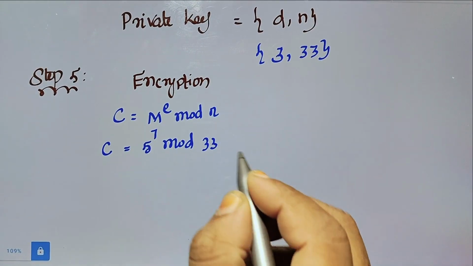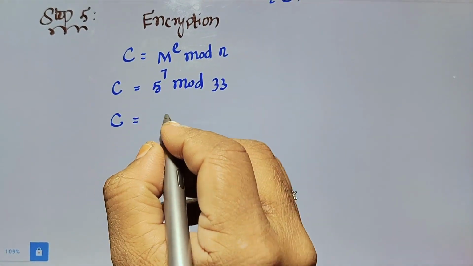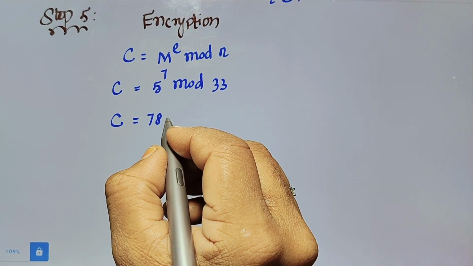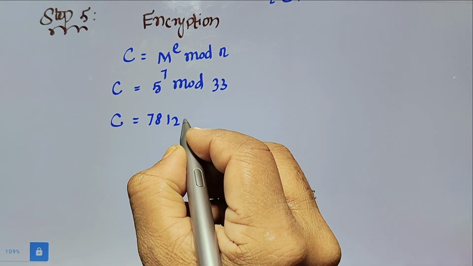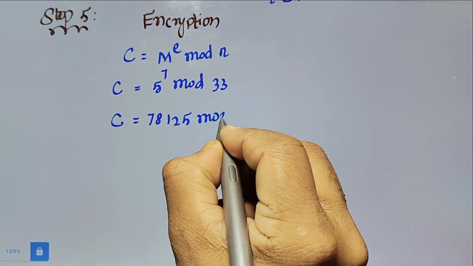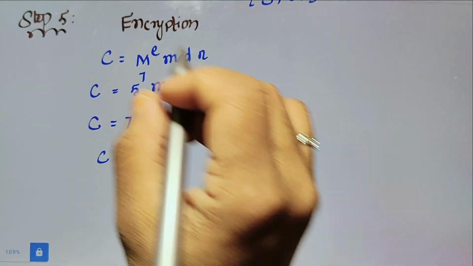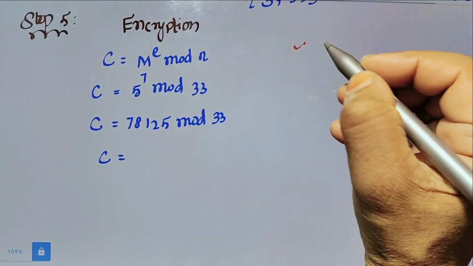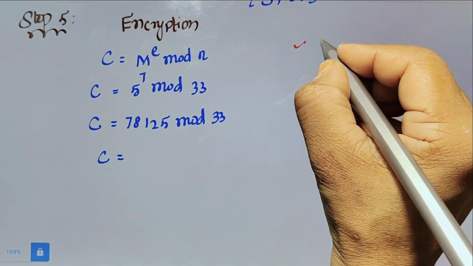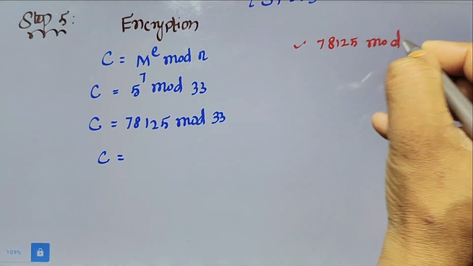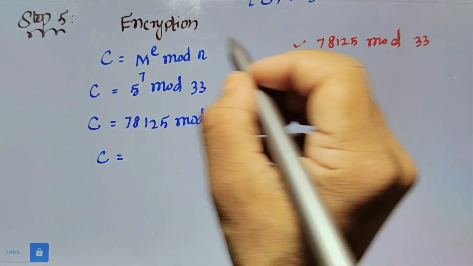N value 33. C equal to 5 to the power 7, by using calculator, 78125 mod 33. Then you have to find the value C. Here write step by step. First 78125 mod 33, right?